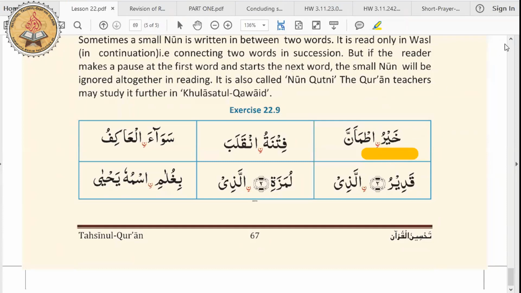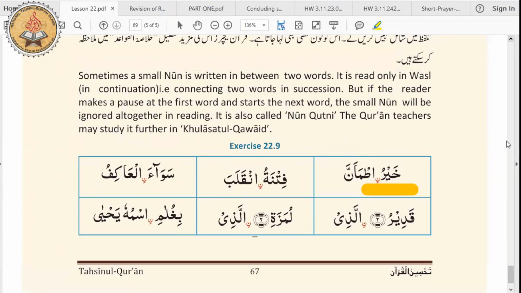It will be ignored when pausing, and we can't start with small noon, but when we are reading in continuation, we articulate the sound of small noon. So here we did it like khairunit ma'anna. But if you are pausing on khair, then you can't start the next word with small noon.